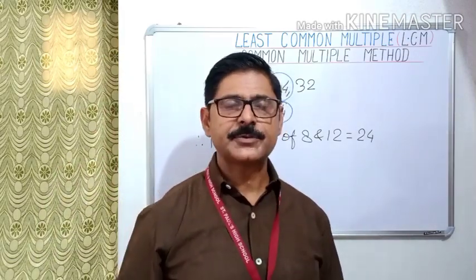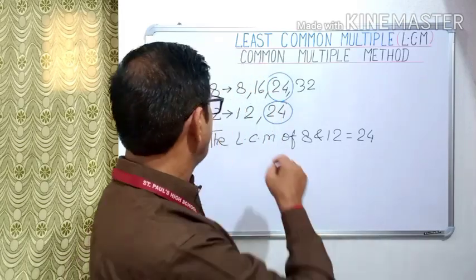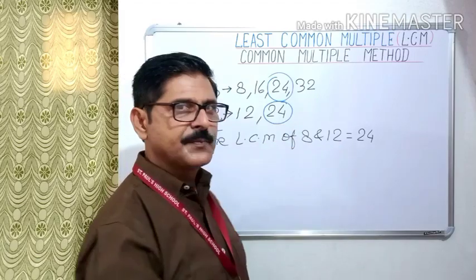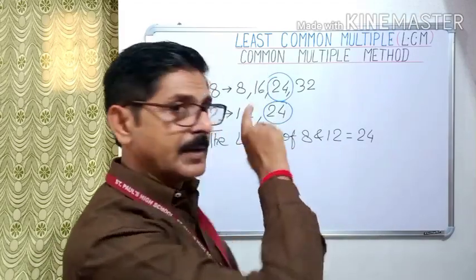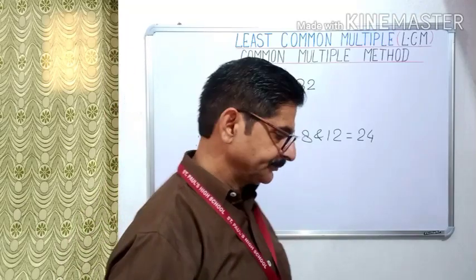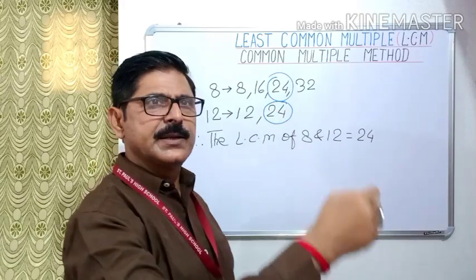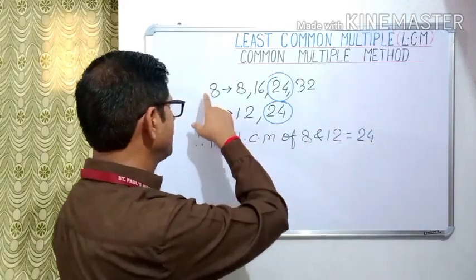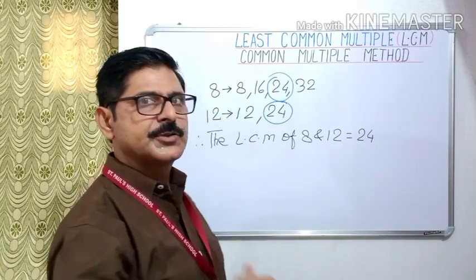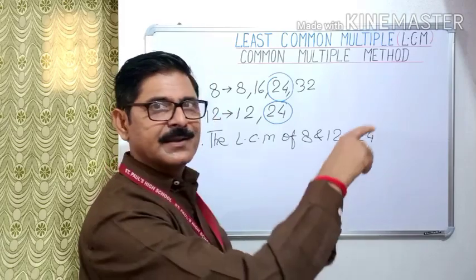You will be surprised to see that no number lying between 1 and 24 is exactly divisible by 8 and 12 both. So we say the least common multiple, that is the least number or the smallest number exactly divisible by 8 and 12 is 24, and that is the meaning of LCM.